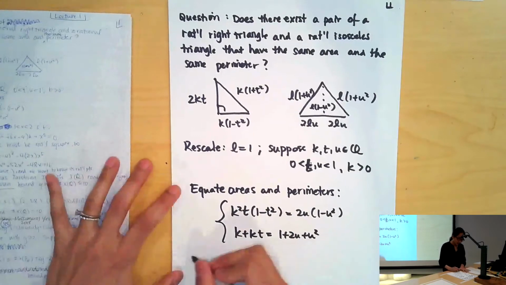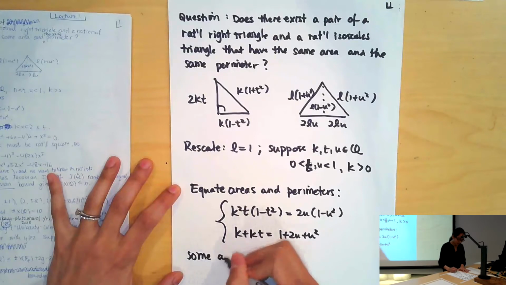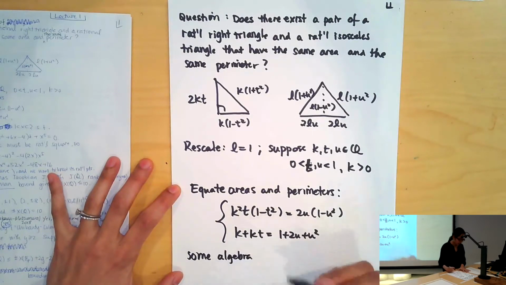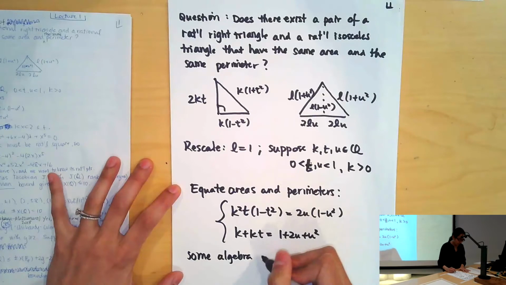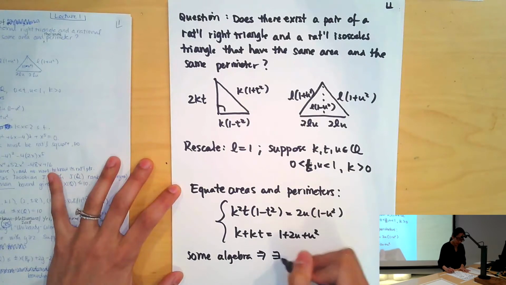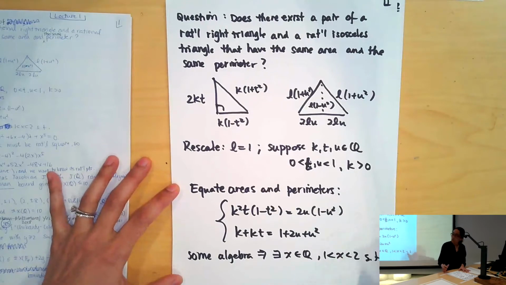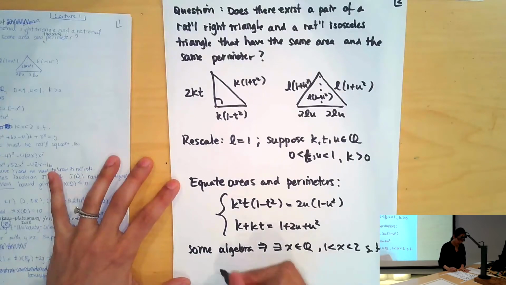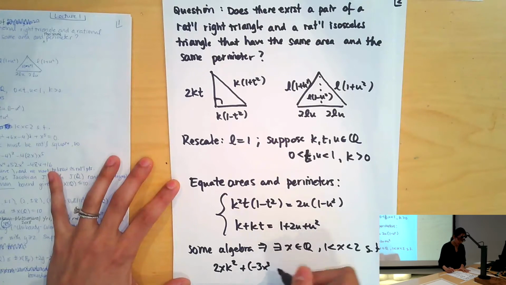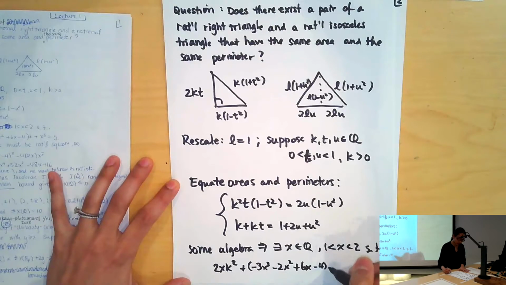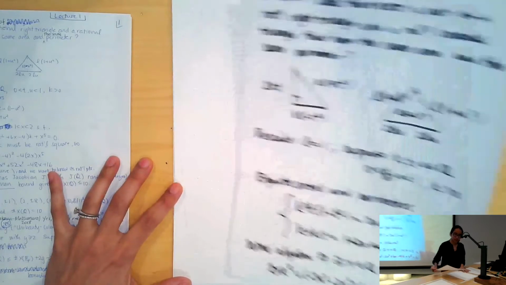And then we do a bit of algebra. So combine these 2 equations and then make a small transformation. So this gives us that there is some rational x such that the following is true: 2x k squared plus minus 3x cubed minus 2x squared plus 6x minus 4k plus x to the 5 equals 0. All right.